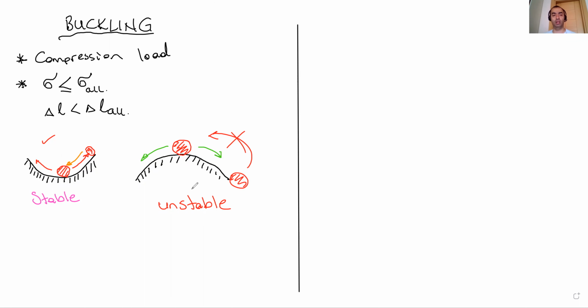We break it, and we can't get this balanced position again. So the ball goes down and the situation is completely changed. We call this type of situation unstable.